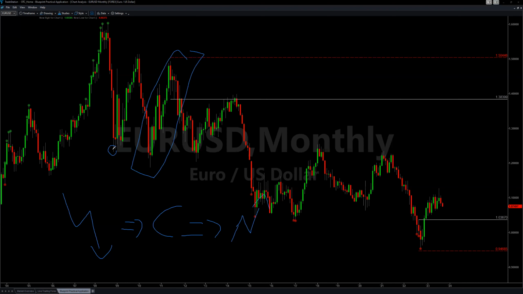Same like here. Low, high, higher low, higher high, boom, inputs. Low, high, higher low, higher high, boom, inputs. Low, high, higher low, not really a higher high, but close to it, boom, inputs.